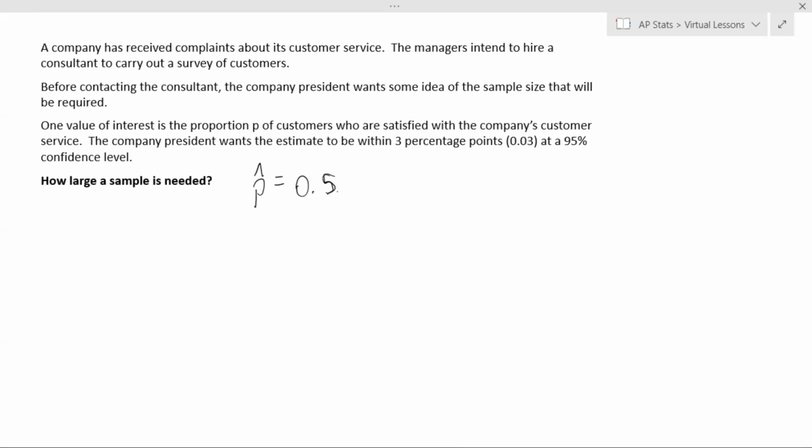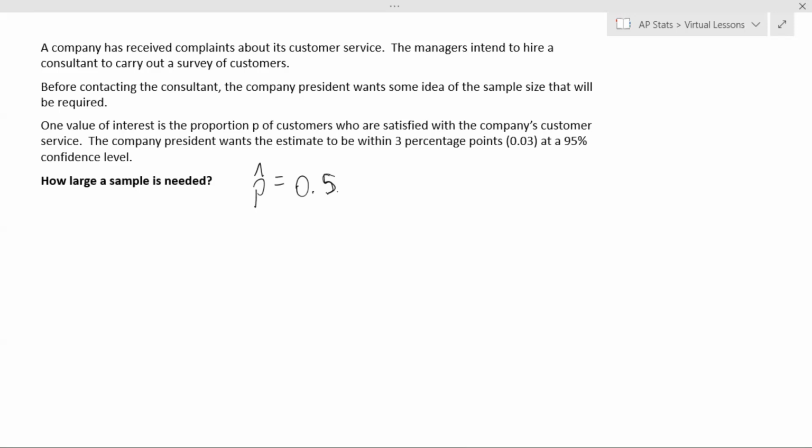If p hat is 0.75, then 1 minus p hat is 0.25. But if p hat is 0.25, then 1 minus p hat is 0.75. The balance point is 0.5. If you don't have a p hat for your problem, we have to assume it's 0.5.